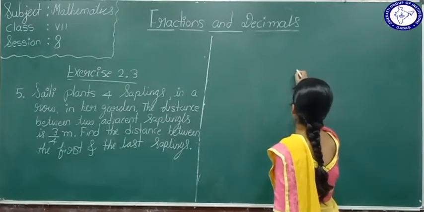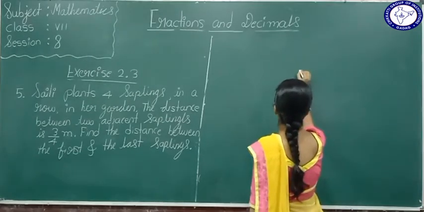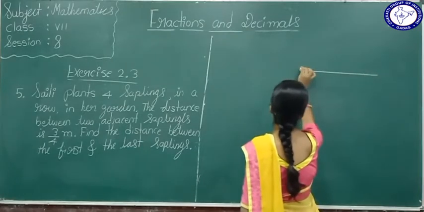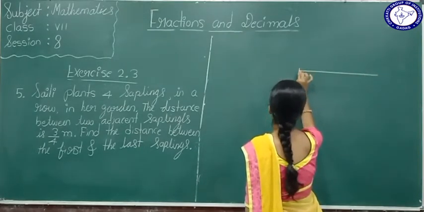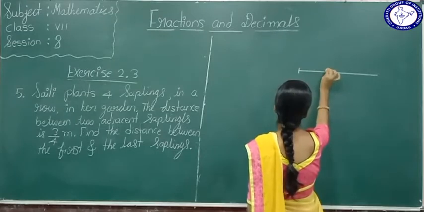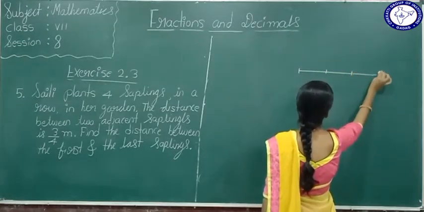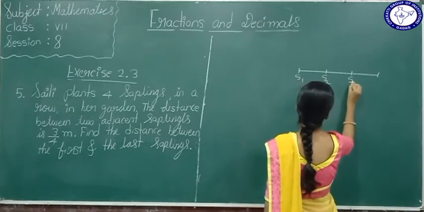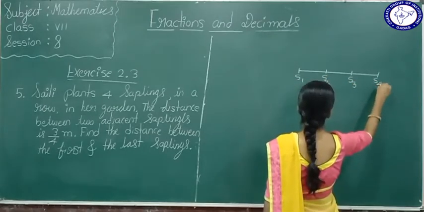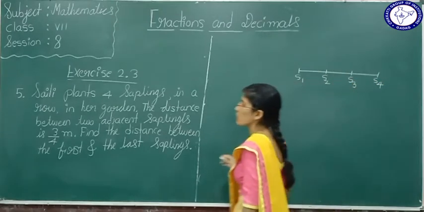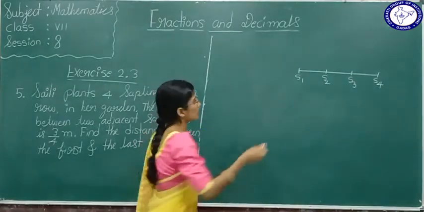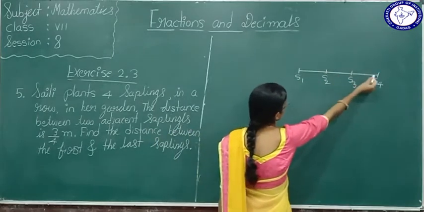Siley in her garden, she will plant saplings, okay. How many saplings? 4 saplings she will plant. This is sapling number 1, sapling number 2, sapling number 3, sapling number 4. Sapling means a young tree, okay.